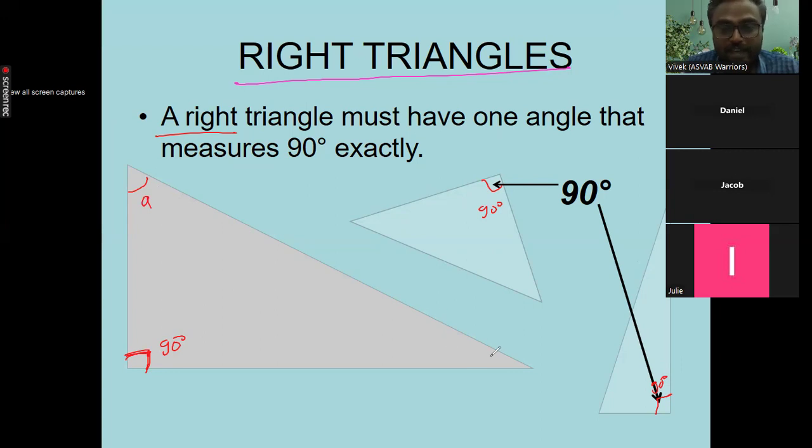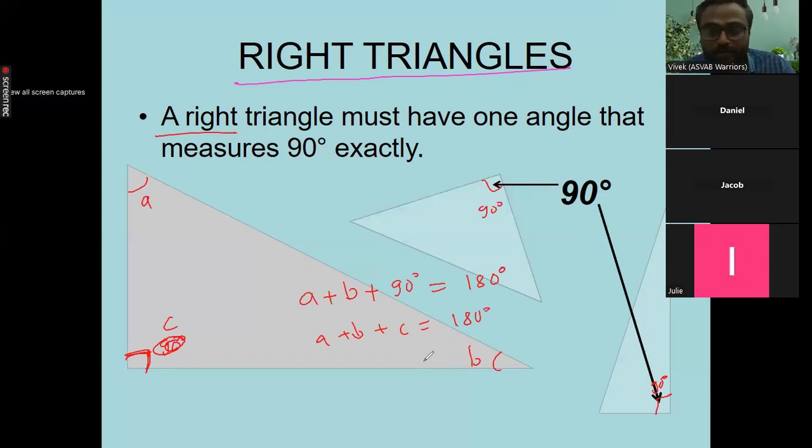If I call this A and this B, and this one is 90, I'll write it down as 90. So angle A plus B plus 90 degrees is equal to 180 degrees. Now if it was not 90 degrees, let's say it was C, so angle A plus B plus C will be equal to 180 degrees.